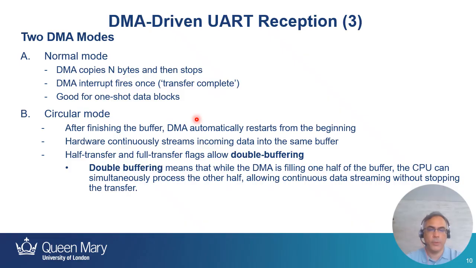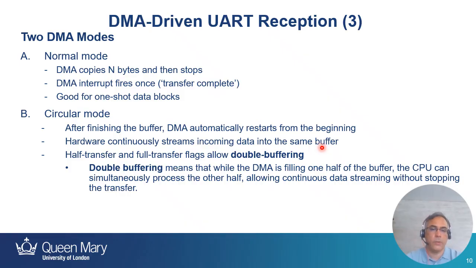And then you have the option of circular mode, which is targeted at, let's say, real-time use, for example sensor or interface or audio-video acquisition. After finishing the buffer, the DMA automatically restarts from the beginning. So the hardware continuously streams incoming data into the same buffer.